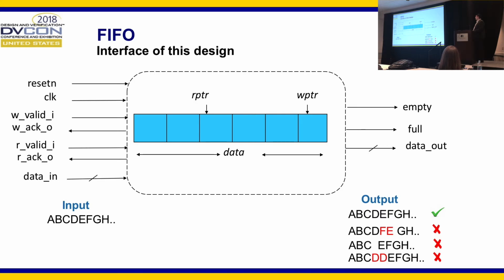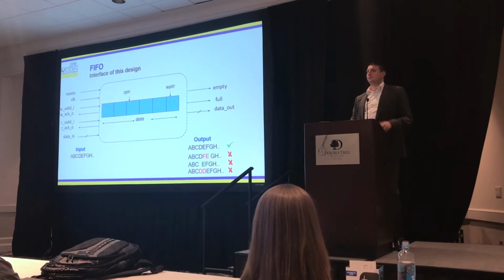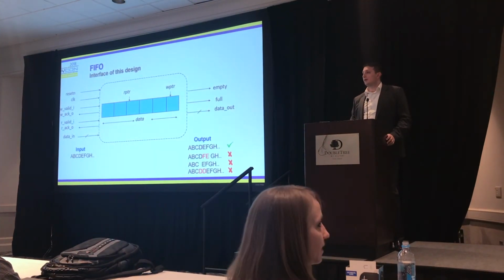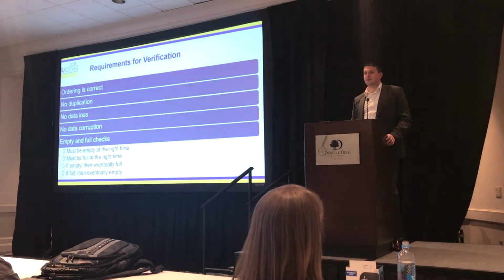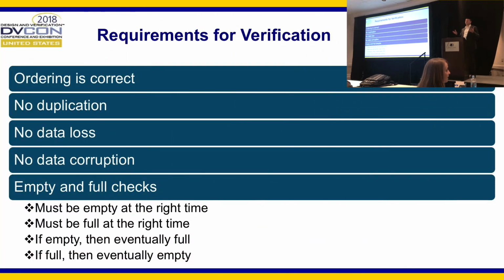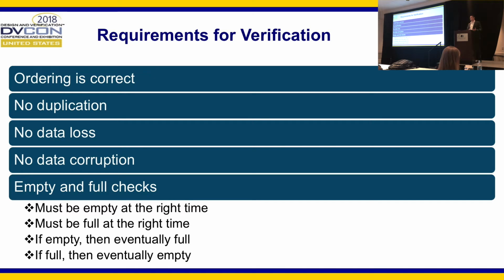So we want to make sure that our FIFO, which has a write and read handshake, is outputting the data correctly, so we don't want any reordering, we don't want data duplication, and we don't want dropped packets. So the same way you would normally go about verifying anything, we will start with some requirements. You might have a verification plan in place, you might not, this is a small design.